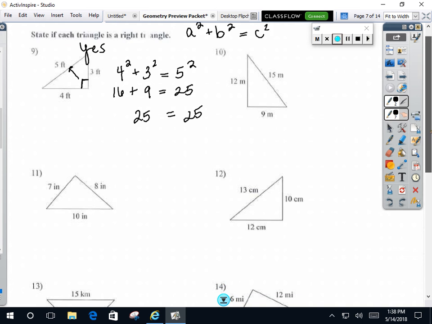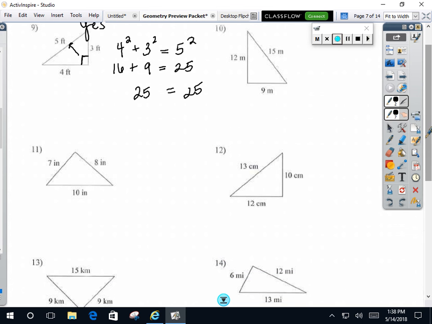Now let's look at number 11. It appears like it possibly could be because look, this would be the hypotenuse because it's the biggest one. It's the longest side. And doesn't that look like it could possibly be a right angle over there across from it? Okay, but possibly. So let's just check it. What are your legs?